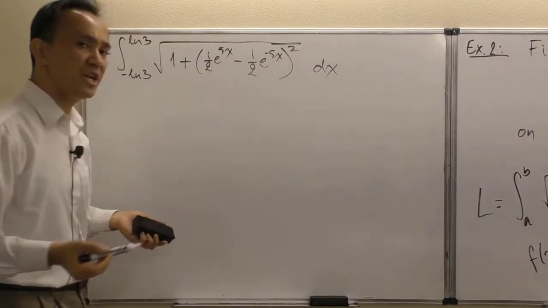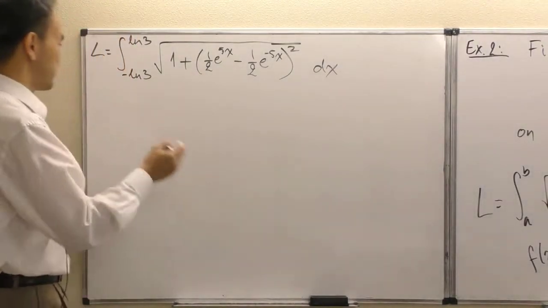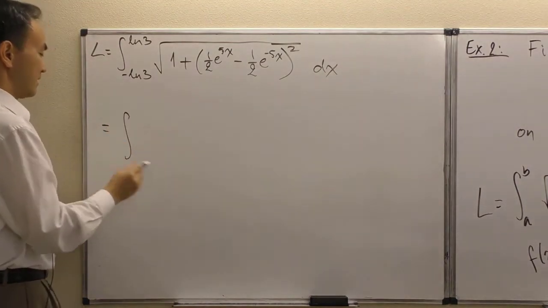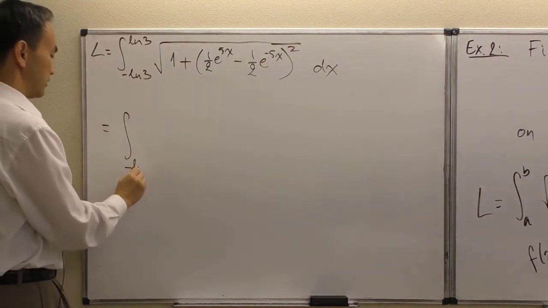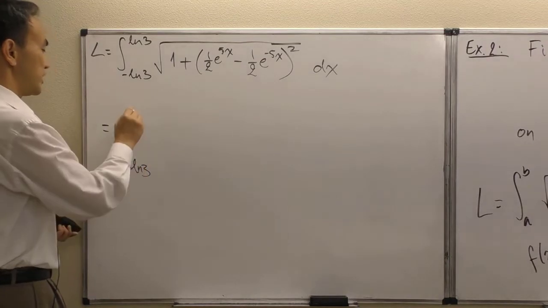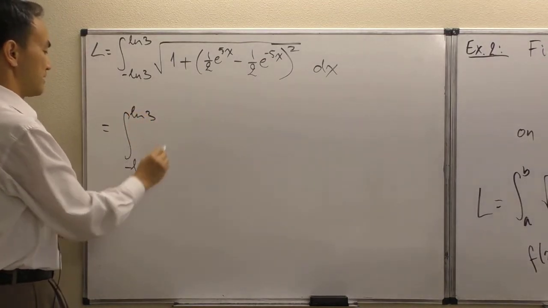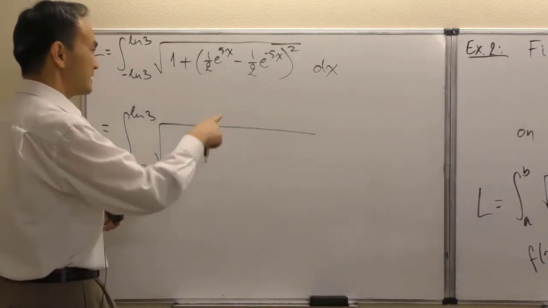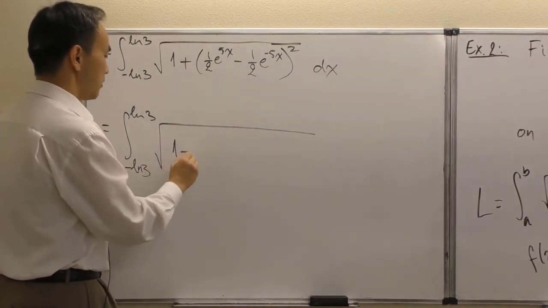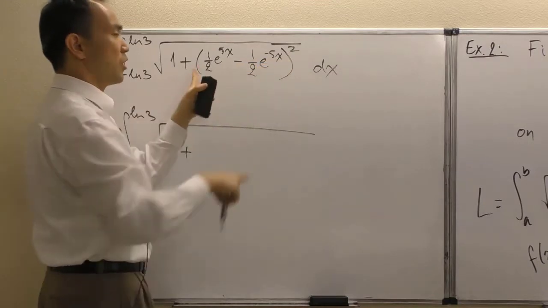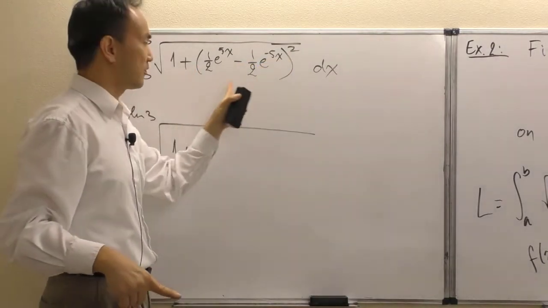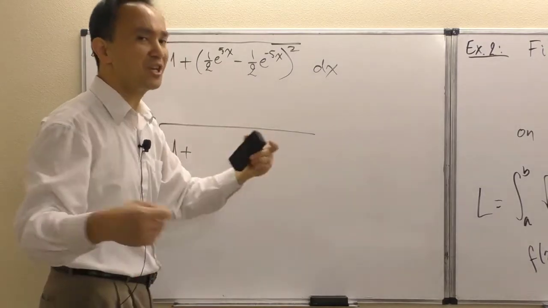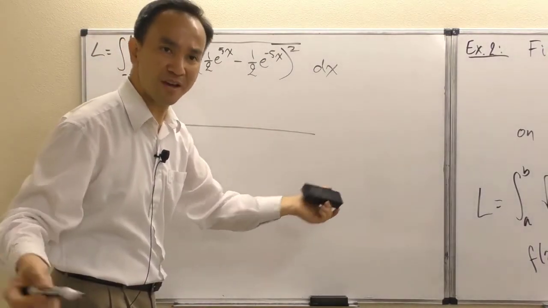So now we need the algebra. We really need the algebra. So the next step of this work right here, the integral is from minus natural log of 3 to natural log of 3. But inside the square root, I am doing the following: 1 plus, and I am going to go ahead and FOIL out that square right here, which in your usual algebra understanding you should be able to carry through.